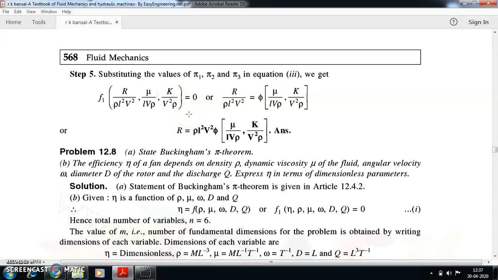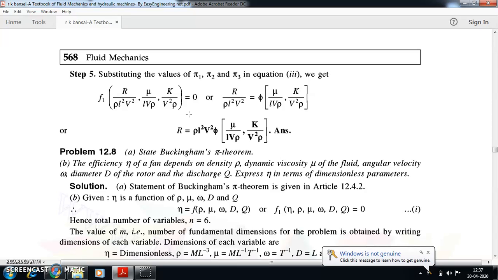You have to do the problem in the same sequence. First is deciding the value of n. Next, what is m? Before deciding m, write all the variables in the fundamental dimensions. Then decide m. Find n minus m to get the pi terms. Define the function of pi terms. Decide m, the number of repeating variables, and which variables you consider as repeating. Then expand the pi terms in terms of repeating variables.